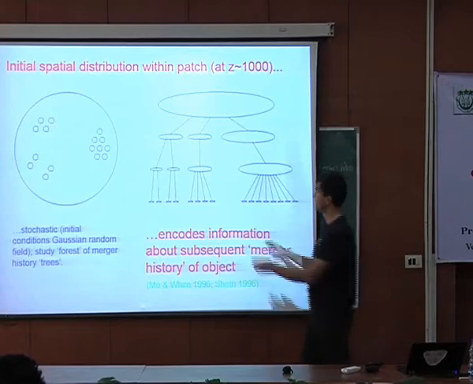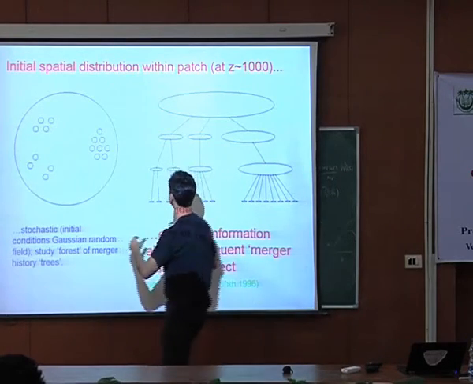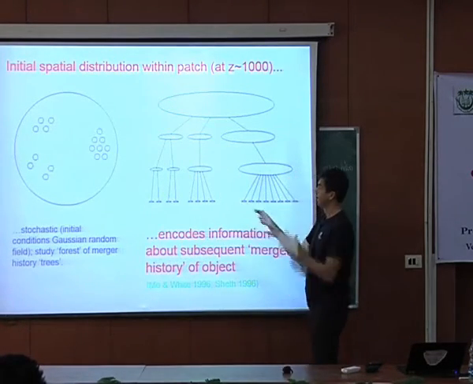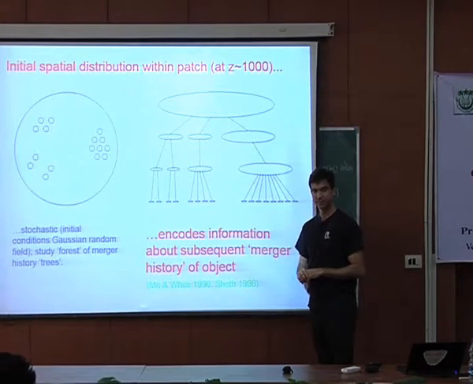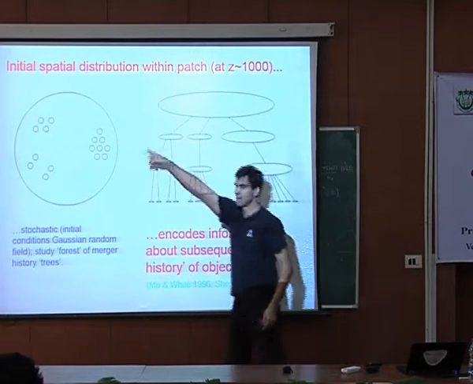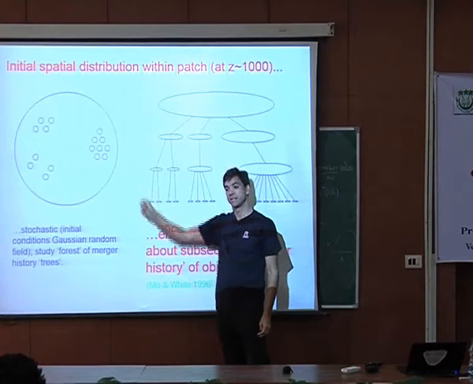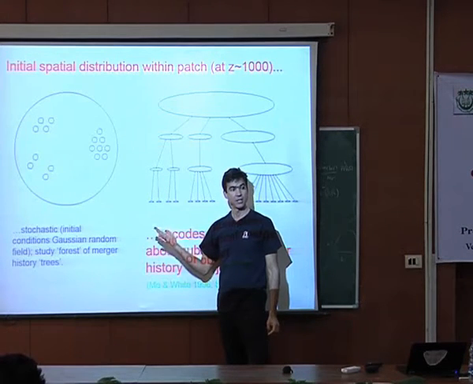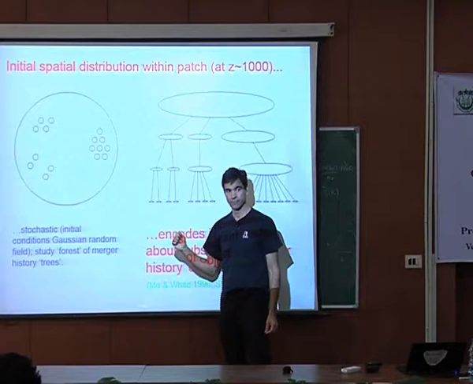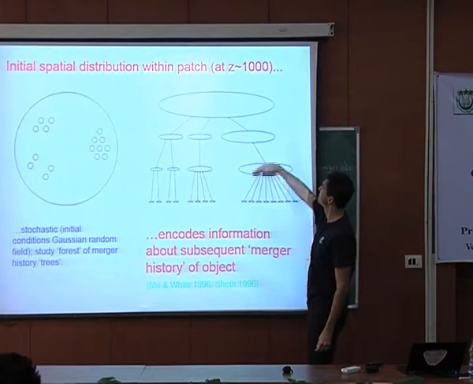Okay? And so let's do the same discussion here, right? So I make my initial conditions. So those are my initial conditions. Now I run the simulation. If I run the simulation with Einstein de Sitter, then the simulation goes through this step, this step, this step, this step.